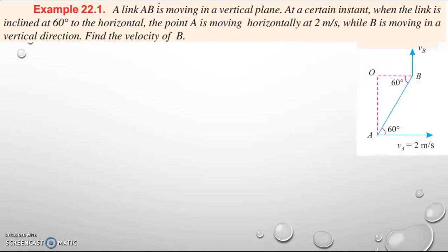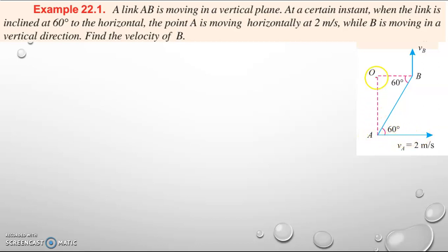We can draw it vertically upward or vertically downward, not specified. So here I am drawing the velocity of point A towards the right, and the velocity of point B in a vertically upward direction. So I have drawn the velocities. To locate the instantaneous center, I will draw the perpendiculars to these velocities. From point A, I have marked the velocity as VA, and I have drawn the perpendicular to the velocity.